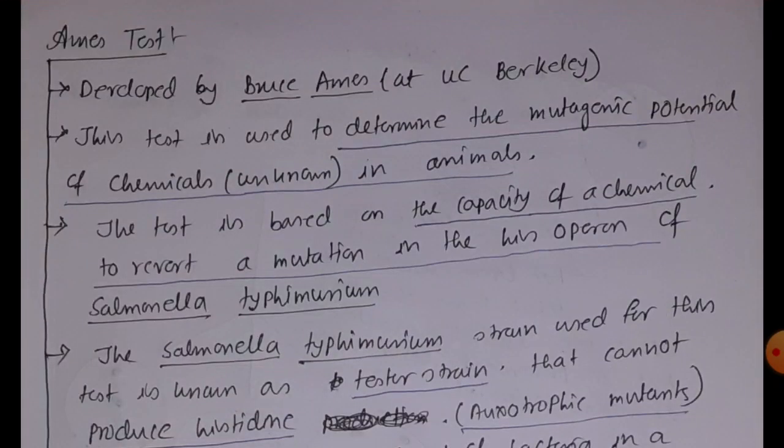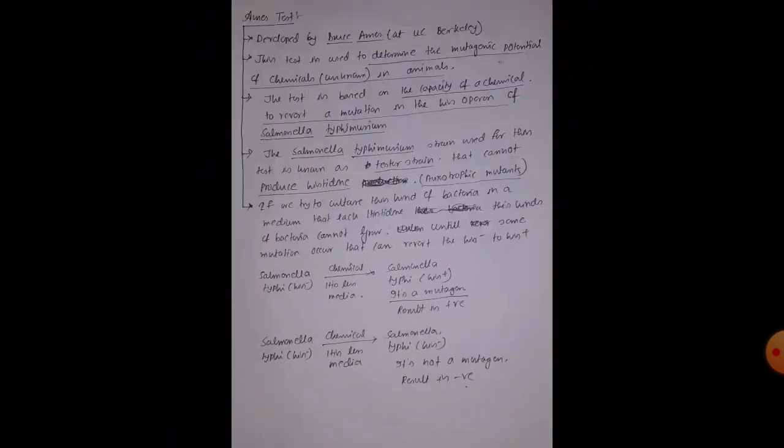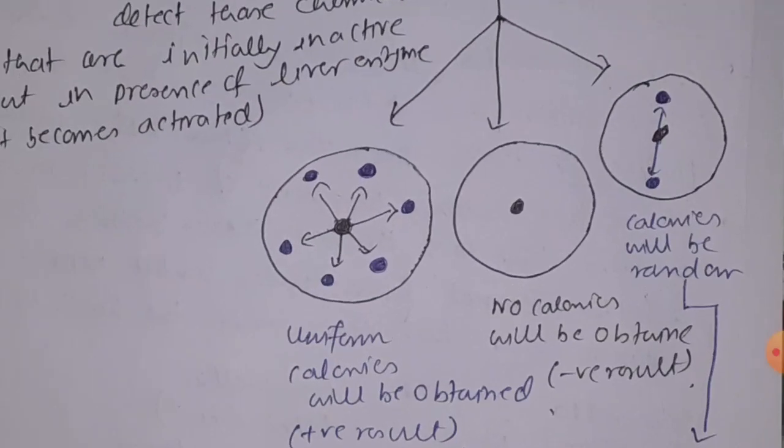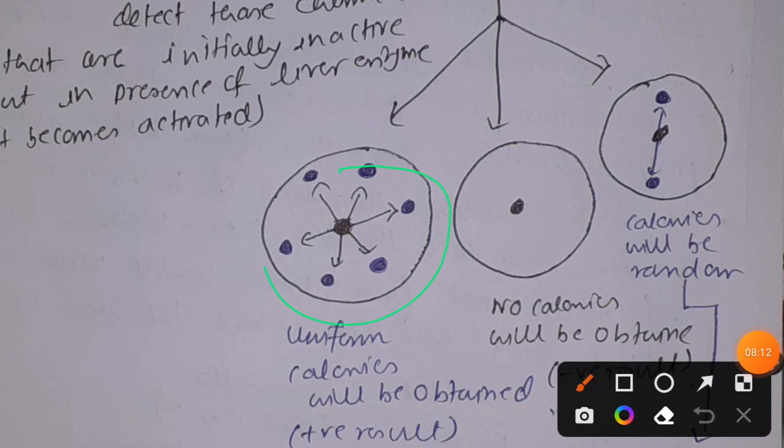So here we are first streaking bacterial cultures, that is the auxotrophic strain of Salmonella typhimurium. Then we add chemicals at the middle of this plate. Then we incubate them for 2 days at 37 degrees centigrade. Then upon incubation we will get 3 possible results. If we get multiple colonies uniformly, we can conclude that our test result is positive, that means our chemical is a mutagen.